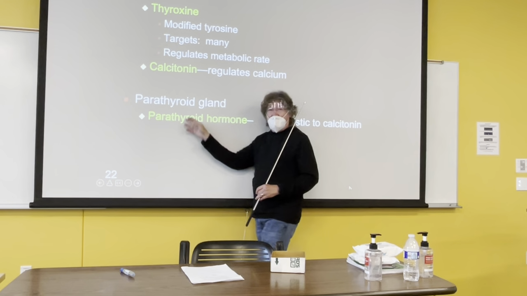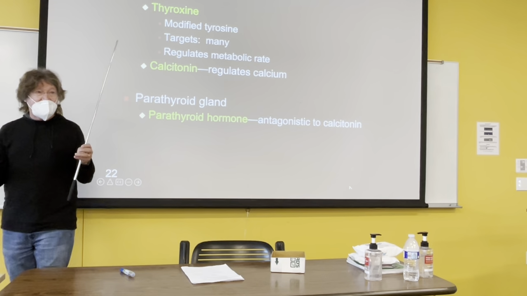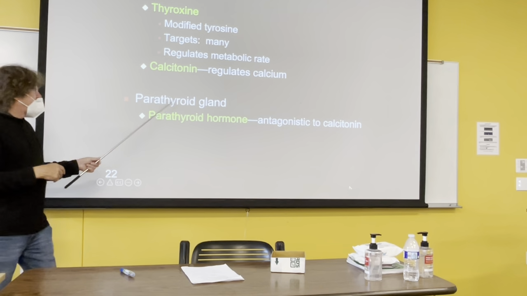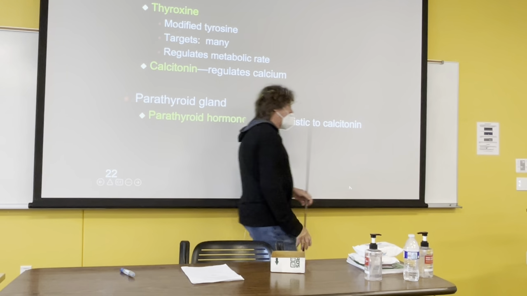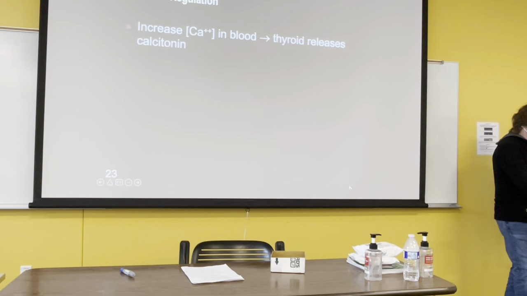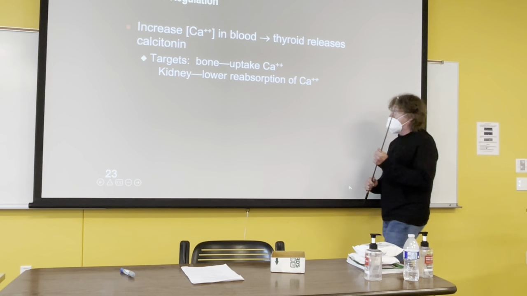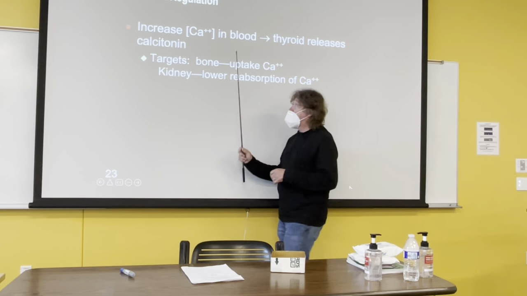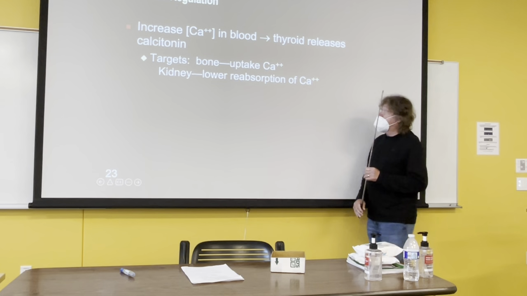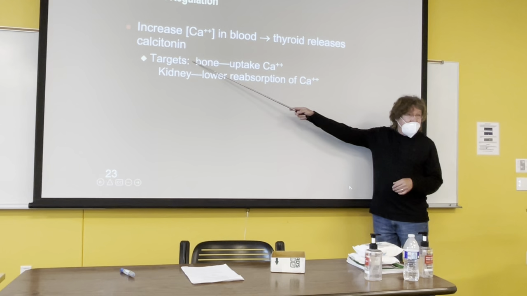So here is one example now of an antagonistic hormone system that is regulating calcium concentration. Let's look at that a little bit deeper. What happens if calcium concentration in the blood gets too high? Then it leads to the release of calcitonin.